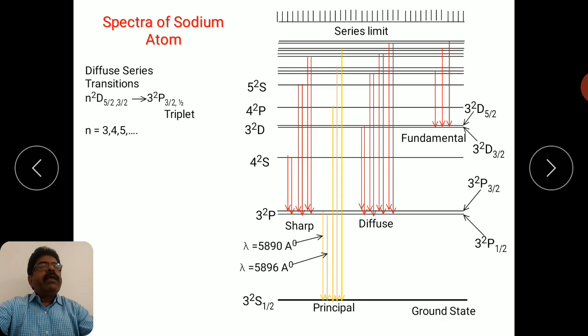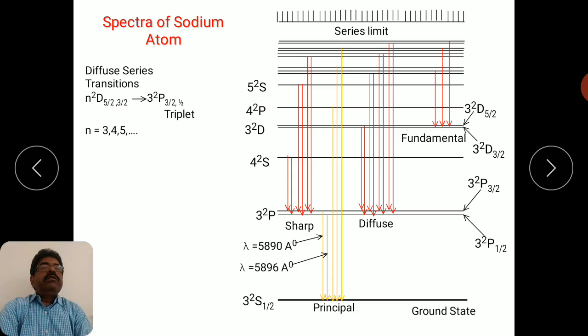So you can see either doublet D 5 by 2 to doublet P 3 by 2, or doublet D 5 by 2 to doublet P 1 by 2, then doublet D 3 by 2 to doublet P 3 by 2, and doublet D 3 by 2 to doublet P 1 by 2. All these four combinations are theoretically possible, but one of them is not allowed according to selection rules, which we shall discuss in the same slide.